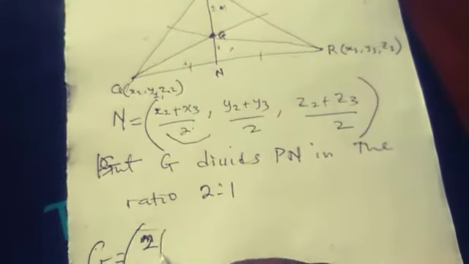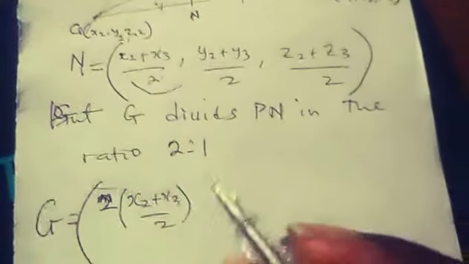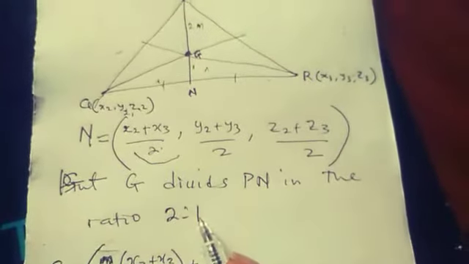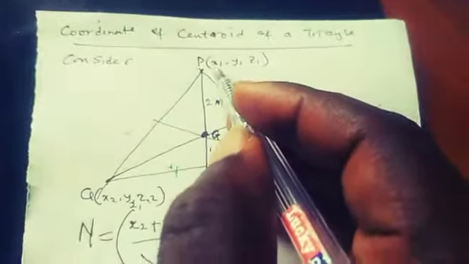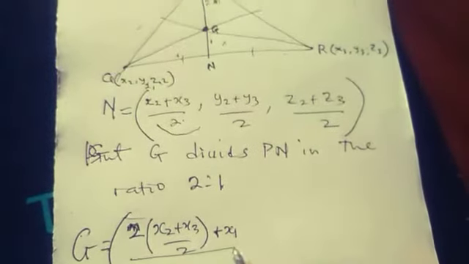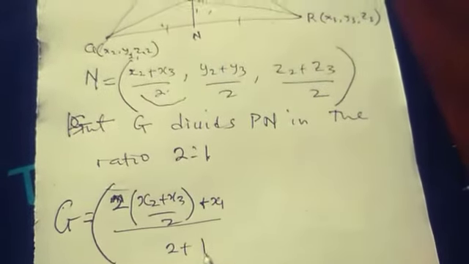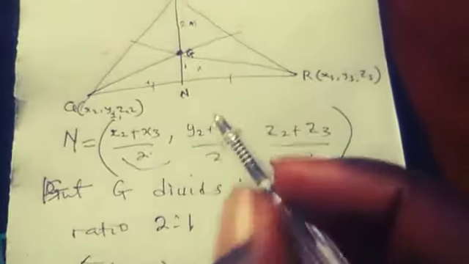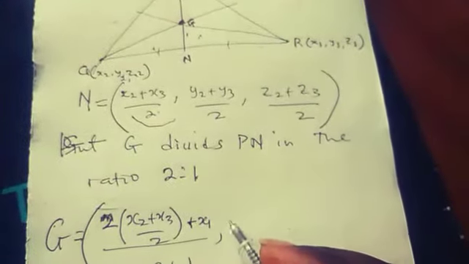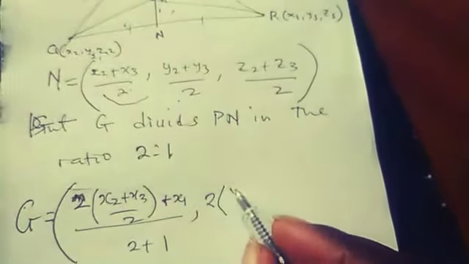M x2, that is 2 times x2 plus x3 over 2, plus n x1. Our x1 is just x1, over m plus n, 2 plus 1, comma. So we do the same thing for the y-axis. For the y-axis, it is m y2. This is representing our y2, the whole of that.